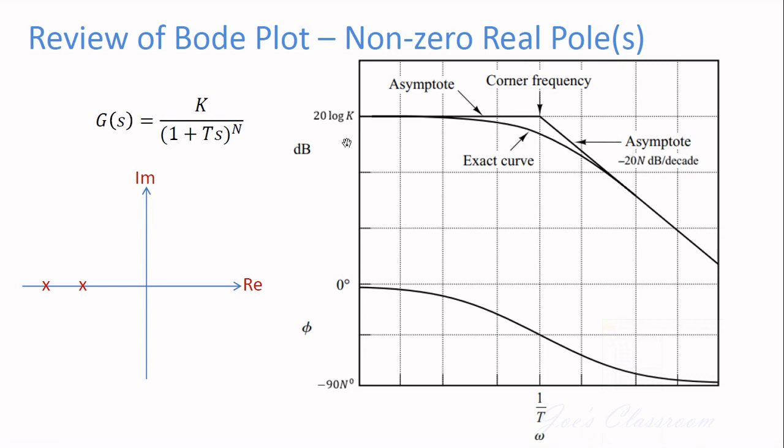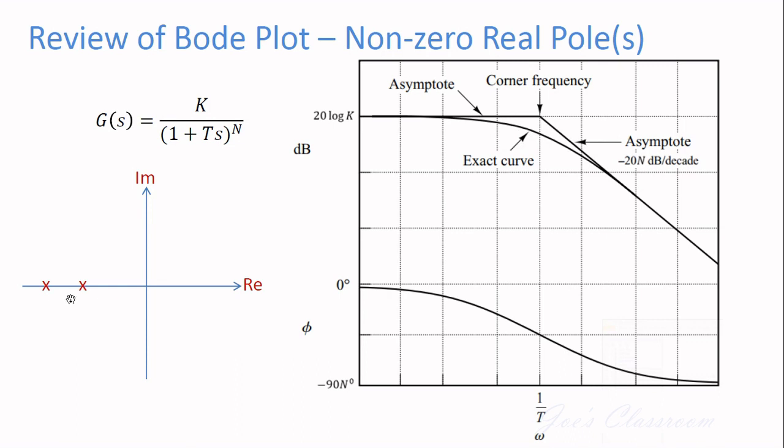In such case, the Bode magnitude plot will have a pair of straight lines. One straight line is going to be a horizontal line at 20 log k, and another straight line with a slope of minus 20 n decibels per decade.